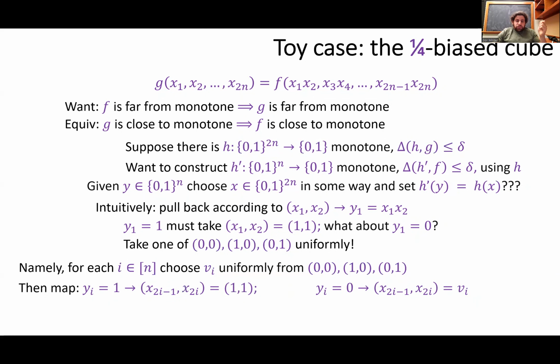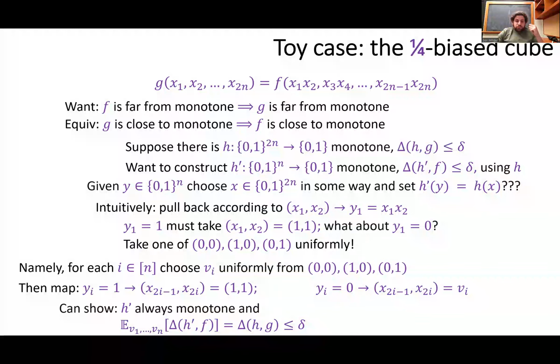And if you carry out a simple calculation, you can show that in expectation over the choice of the pullback, the distance between h prime and f is the same as the distance between h and g, which is at most delta. And you can also observe that h prime is always monotone. So therefore, it means that f is delta close to monotone, and we're done.